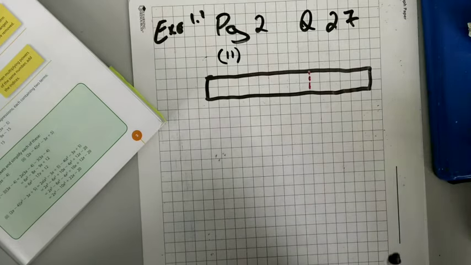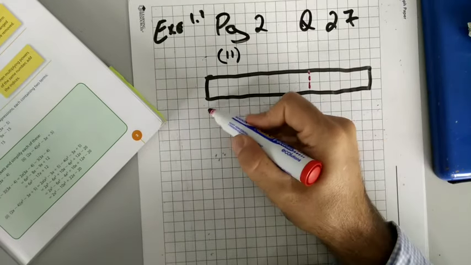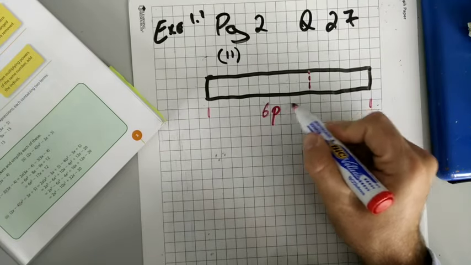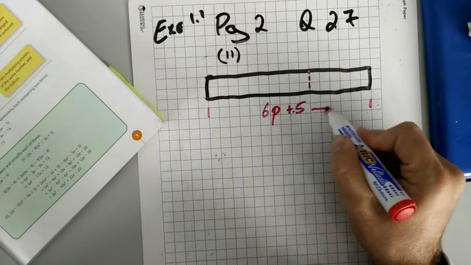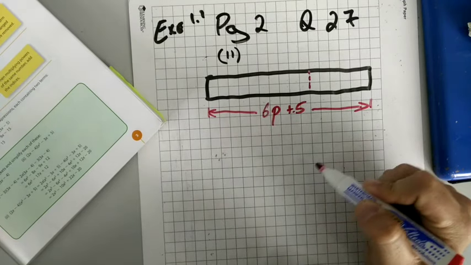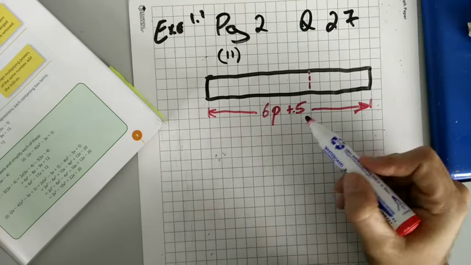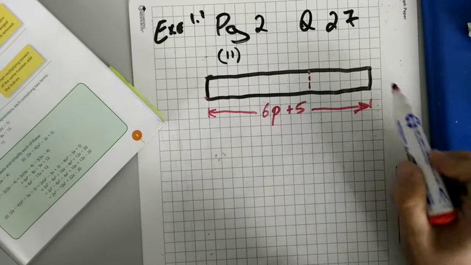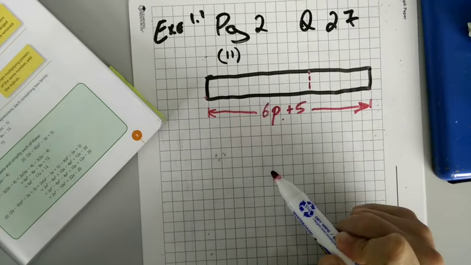So when we look at part 2, on the bottom they've this little drawing underneath, and it says 6p plus 5, and these little arrowy things here. Those who do technical graphics, construction studies or woodwork will know what those mean. These mean distance. So the distance from this end of the piece of wood to this end is 6p plus 5.